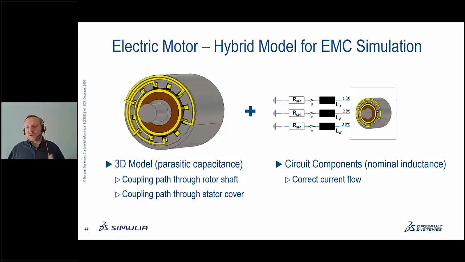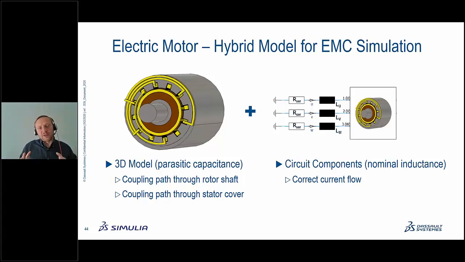We are not that much interested in the losses, because we don't want to optimize the design. We don't look at the torque. But what we need to include in our simulation model is the parasitic coupling paths from the motor. In such a typical motor as we see here, we have basically 2 possible paths.